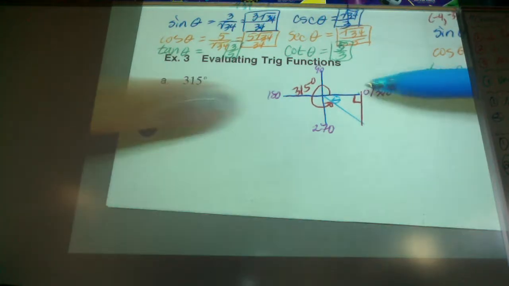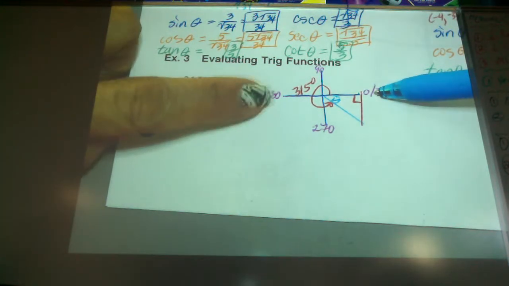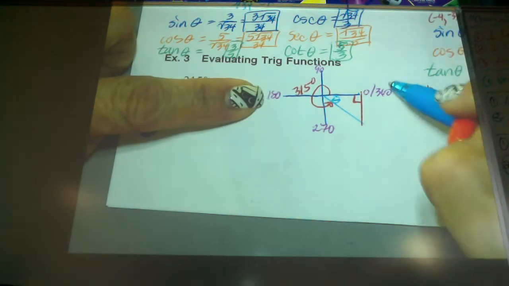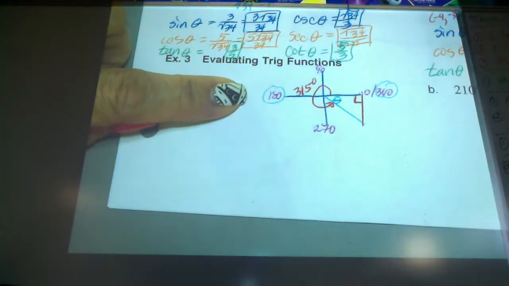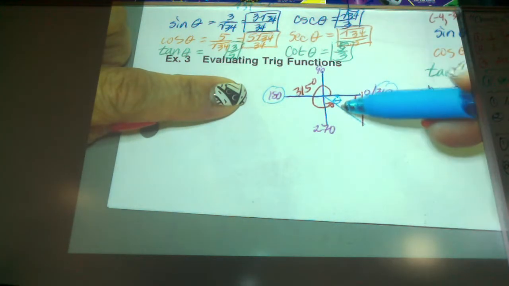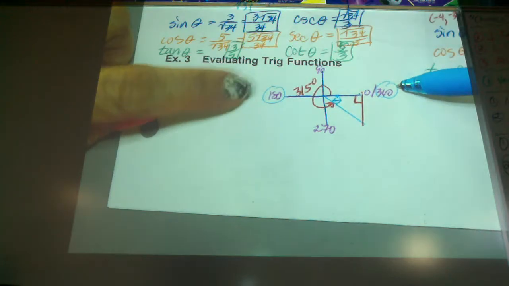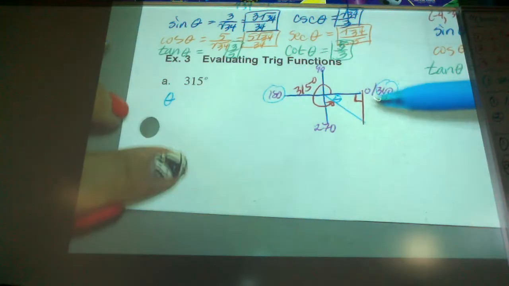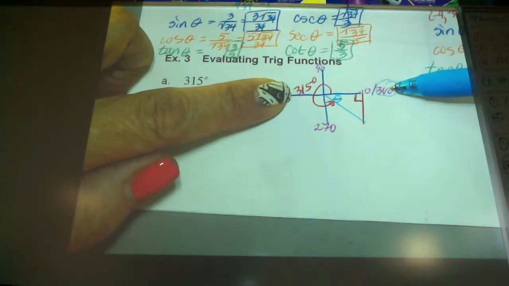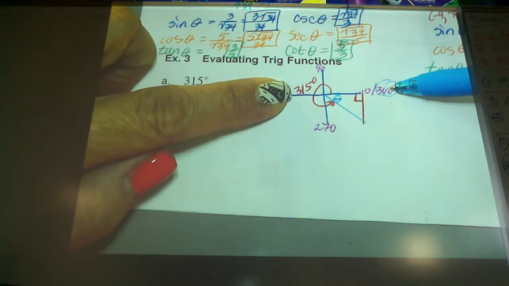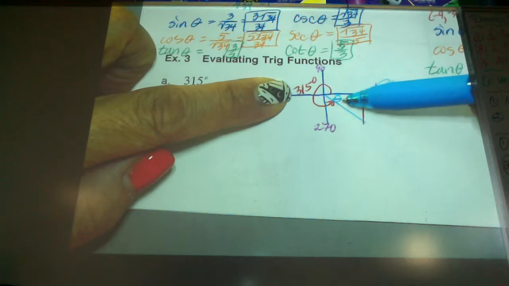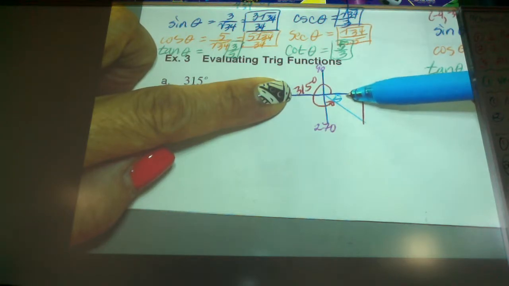Since I'm always making my right triangle to the x-axis, always look at 360 degrees or 180 degrees. Isn't this angle closest to 360 and not 180? Yes. So to find theta, whichever one is bigger, 360 or my angle measure, in this case 315, it's going to come first. My reference angle will always be positive. It will not be a negative answer.